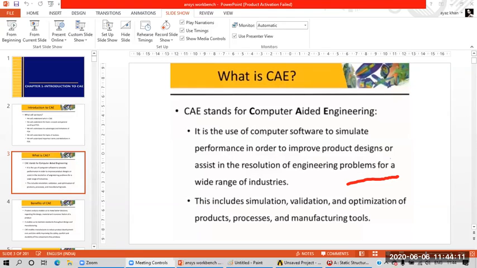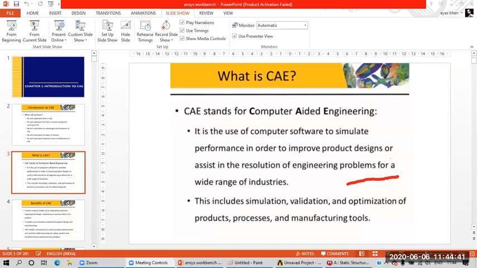So what is CFD? Okay, CFD. Well, it's out of the course. Let me give you a brief introduction about CFD. CFD means computational fluid dynamics. But fluid dynamics is not involved in this course.